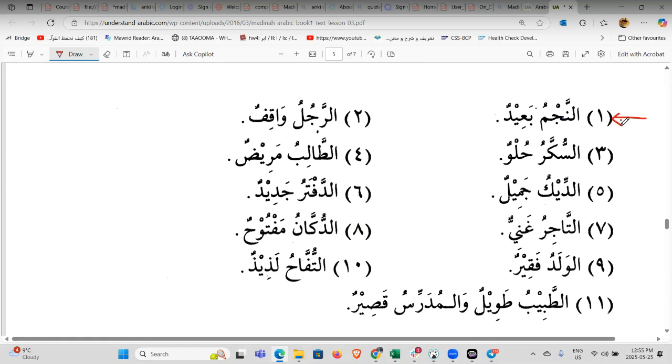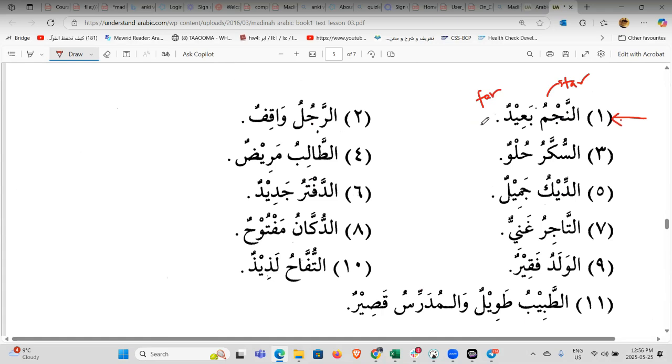النجم, the star, بعيد, is far. So the star is far. The opposite of بعيد is قريب.